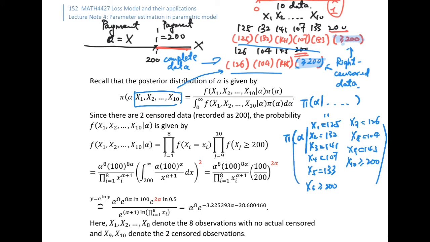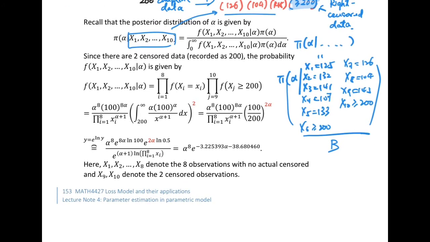Okay, so this is what this probability is about. You take this event to be B. Then you can calculate this probability via this formula: the probability that B will happen, given alpha and pi, divided by the integral of this from 0 to infinity.